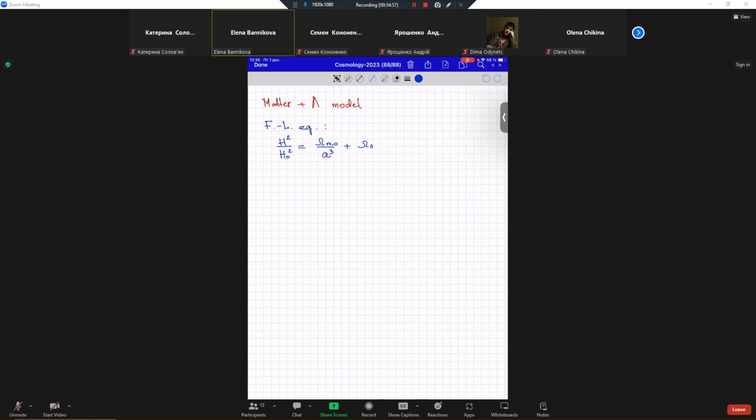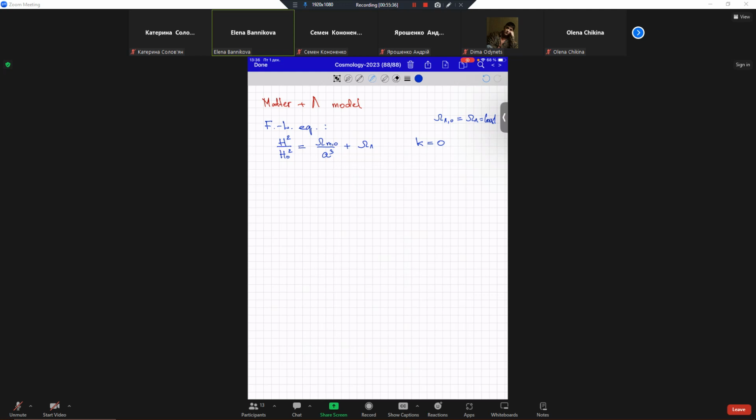I keep the 0, but again I will remind you that omega lambda 0, this is constant. As you know, I consider k equals 0, otherwise I need to put an additional term which is related to the curvature of space. So I'll consider k equals 0.